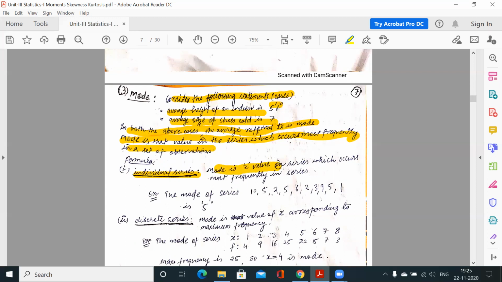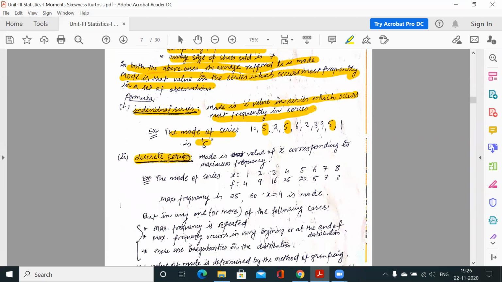For example, the mode of the individual series 10, 5, 2, 5, 6, 2, 3, 9, 5, 1: which is the most frequent value? 5. The number 5 appears 3 times, which is highest among all the values. So 5 is the mode.